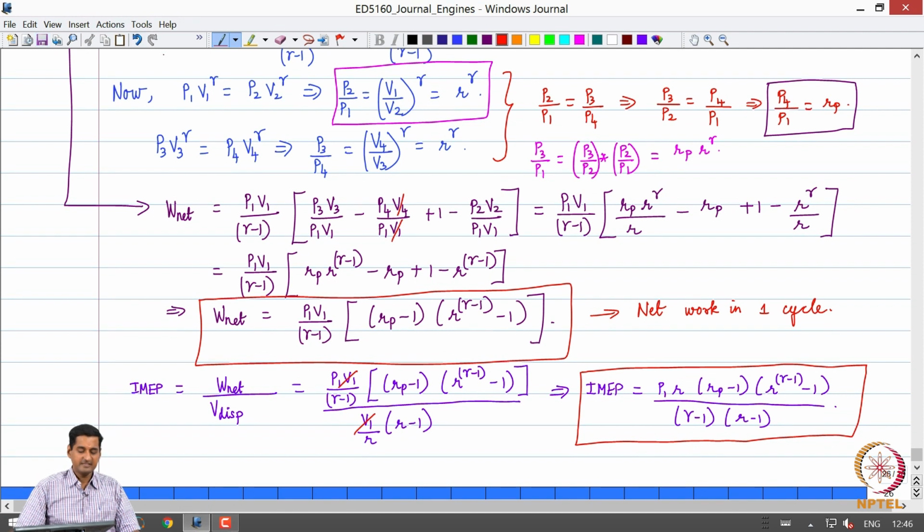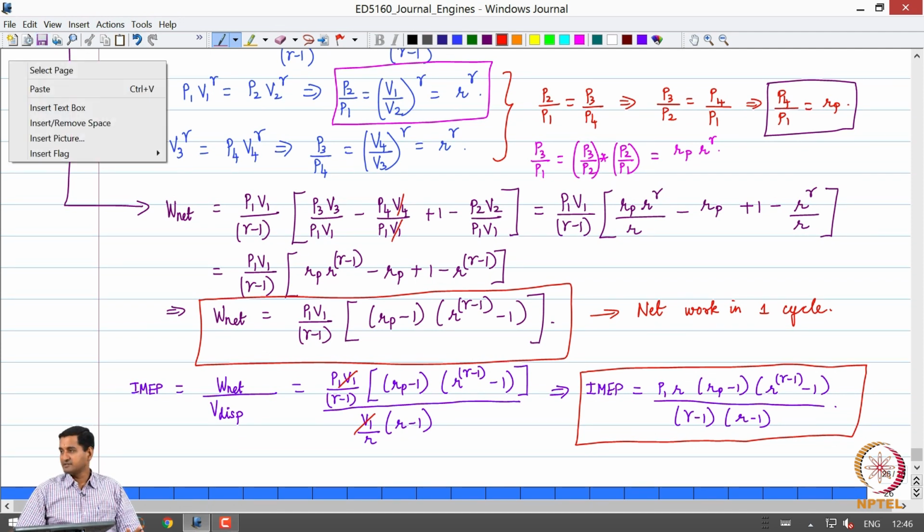So, this is the expression for the IMEP for the Otto cycle.